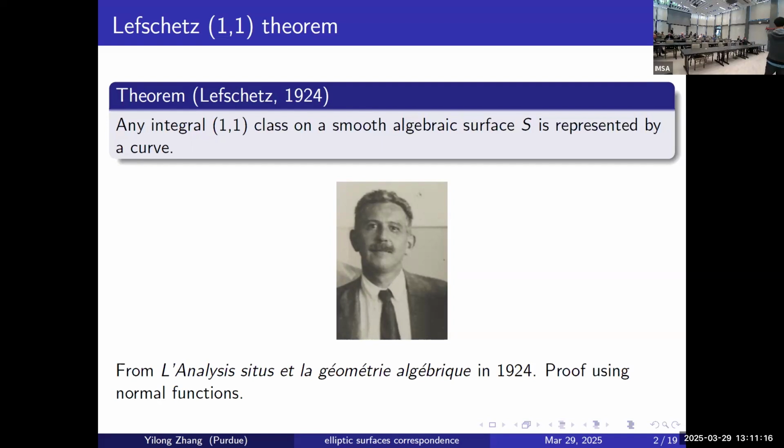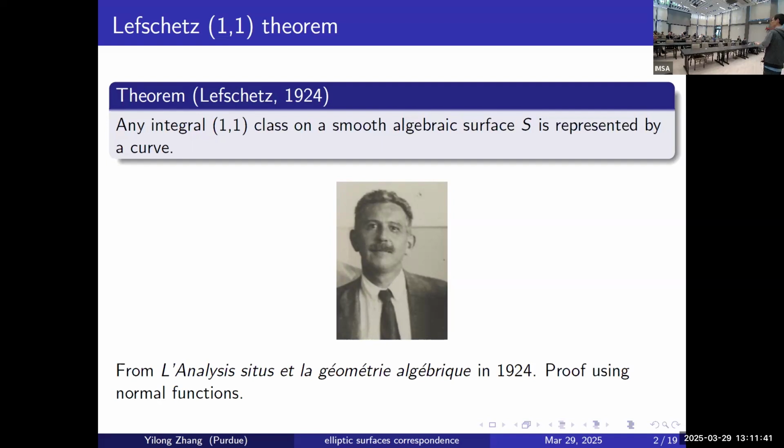So this theorem says that every algebraic cycle on an algebraic surface comes from an algebraic curve. This comes from a paper in 1924, and its original proof uses normal functions.